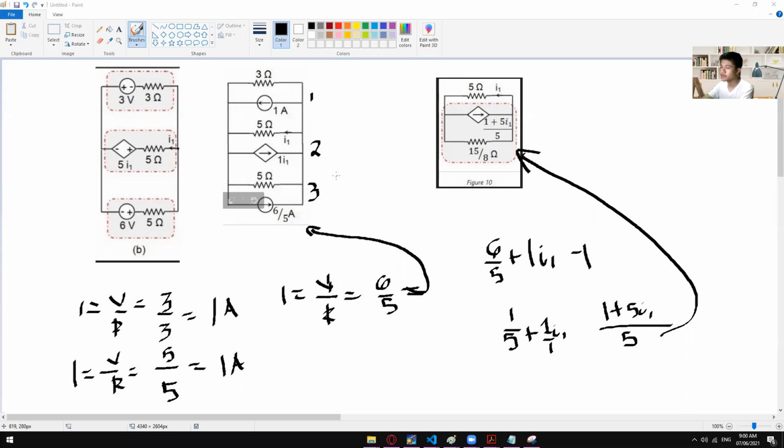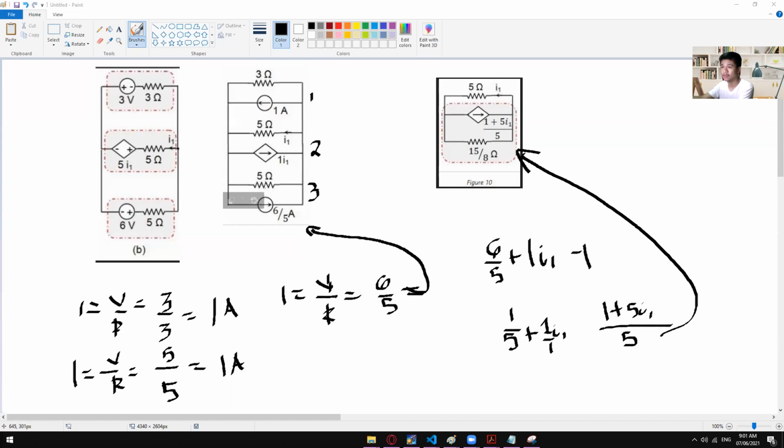So again, take note, whichever is the higher value will dominate the entire circuit. So in here, we just have a higher value for this flow of current. So this one will now be deducted, and then having now a single flow of current, which is now from left to right.